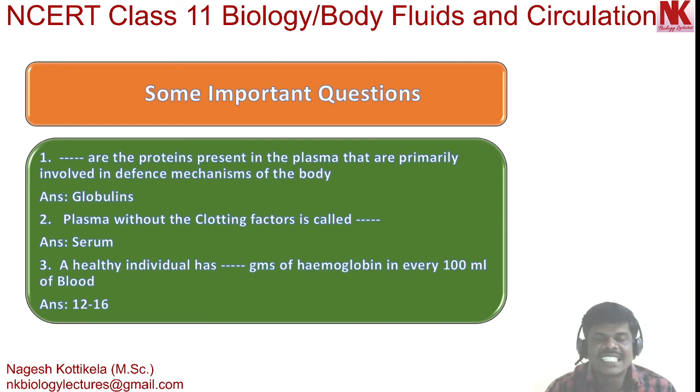Now, let's discuss some important questions based on the topics that we have discussed so far. The first question. Dash are the proteins present in the plasma that are primarily involved in defense mechanisms of the body? Answer is globulins.